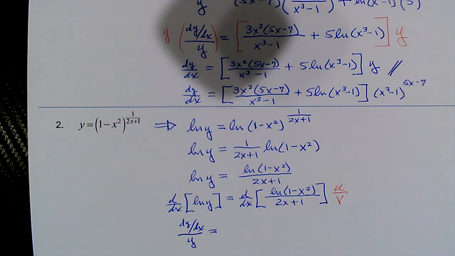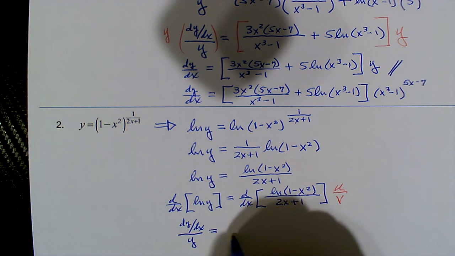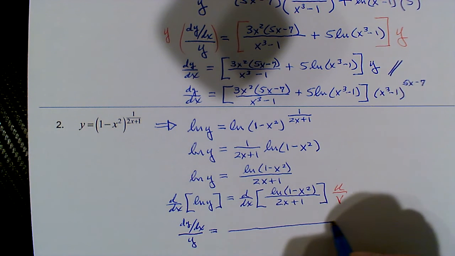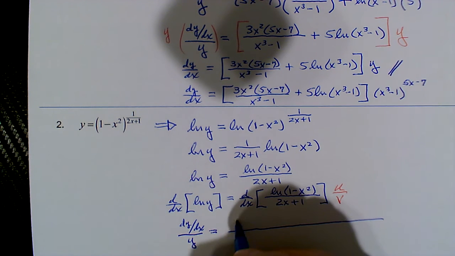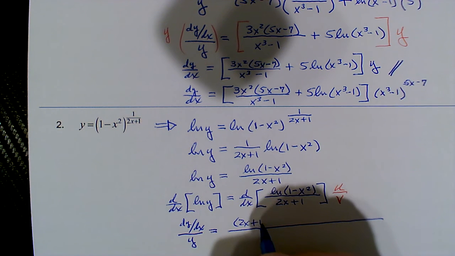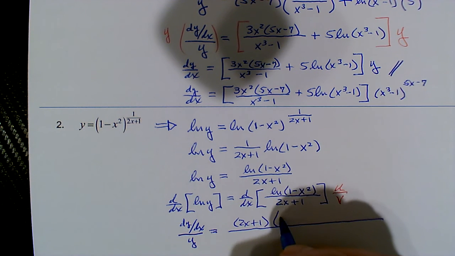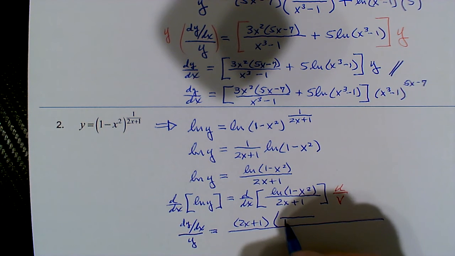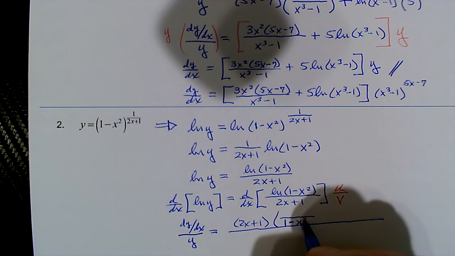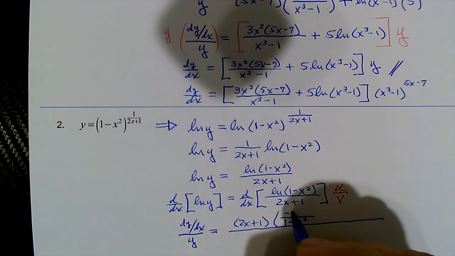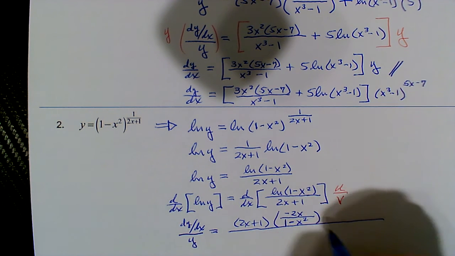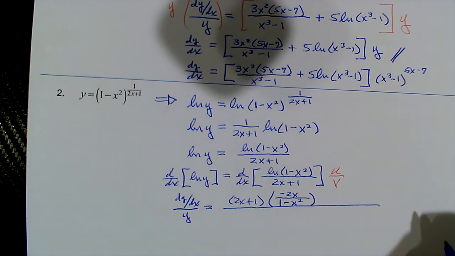So u over v, and we have as a fraction, denominator 2x plus 1, derivative of the numerator, that's our formula for the natural log of u, fraction, quantity 1 minus x squared in the denominator, its derivative minus 2x in the numerator.